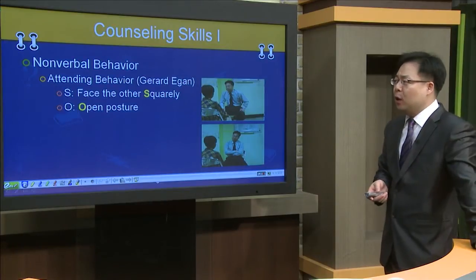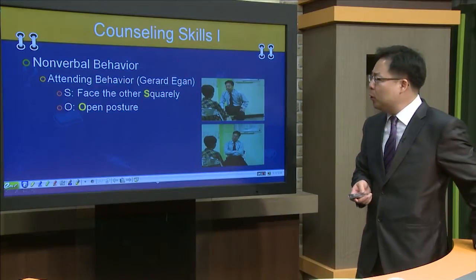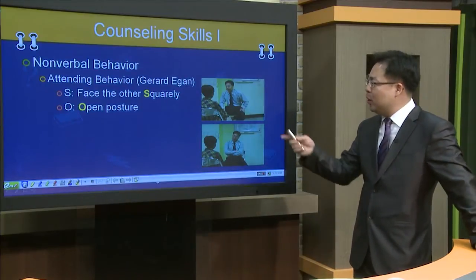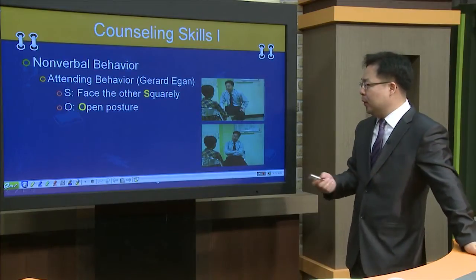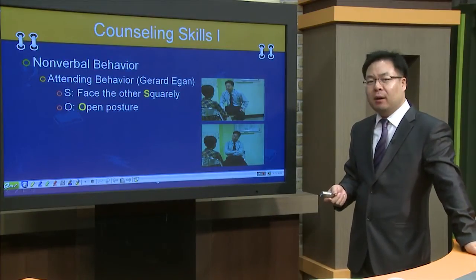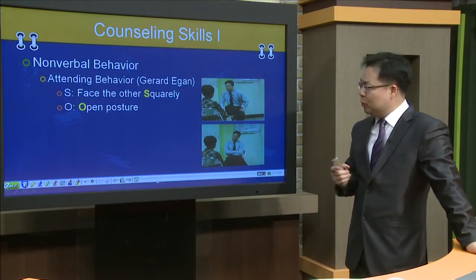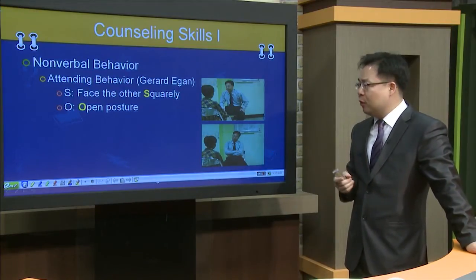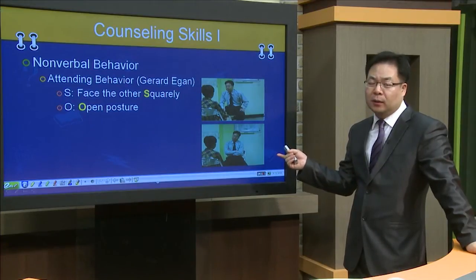The second part of the acronym is open posture. Let's take a look at two different pictures. In the first, I was trying to show an open body posture, and in the second one, I crossed my arms. What difference do you see from these pictures? How about the second one?